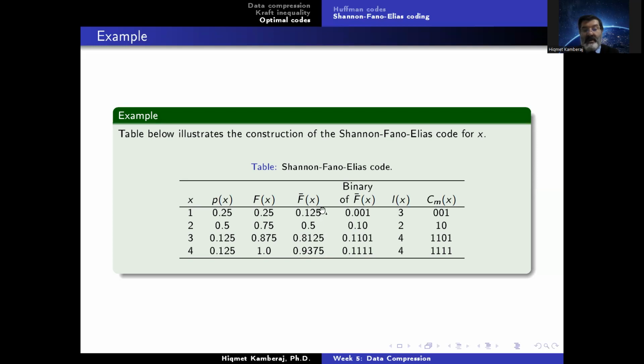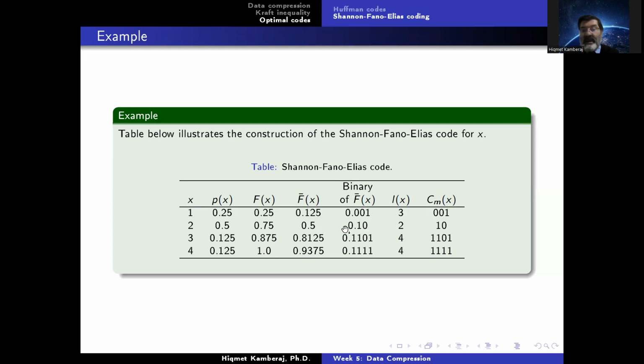Then for 0.125, we convert this into a binary number. Then you get 0.001 in binary. From this one, we take what is after the decimal point, which is 001. And this gives me C of 1 equal to 001, and the length is 3.